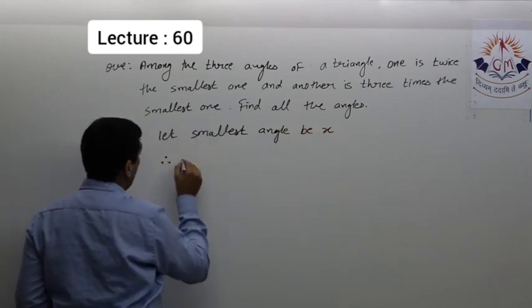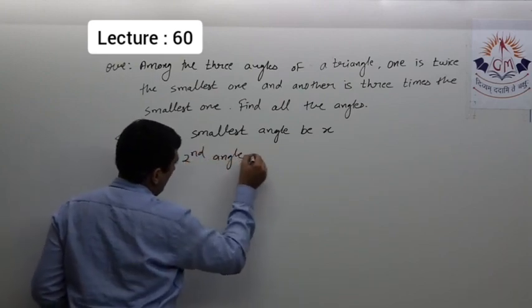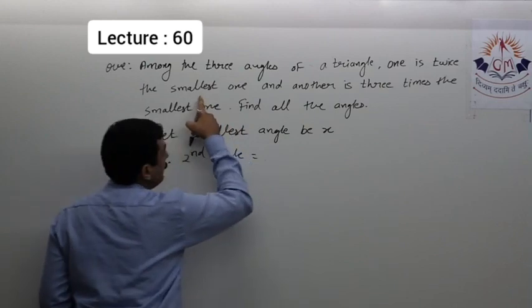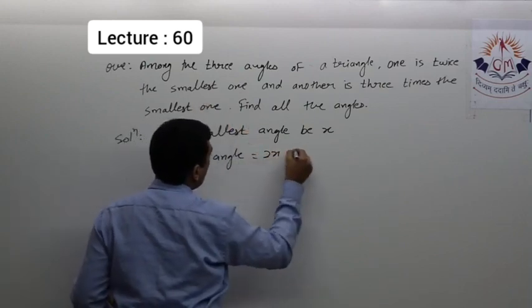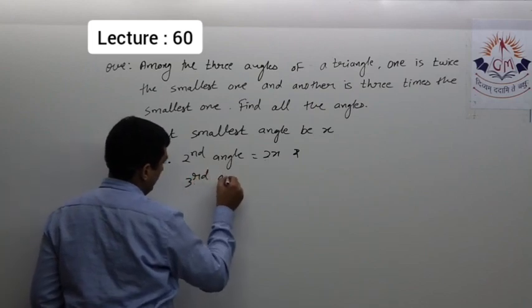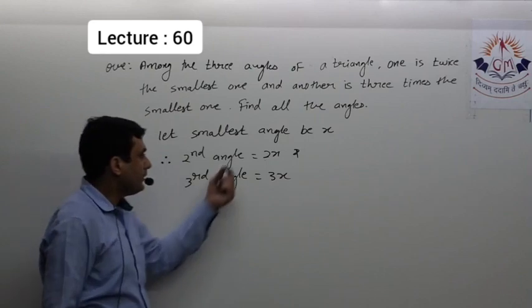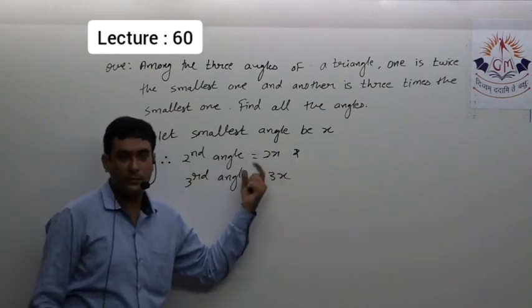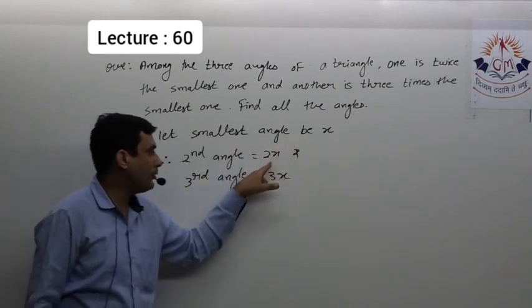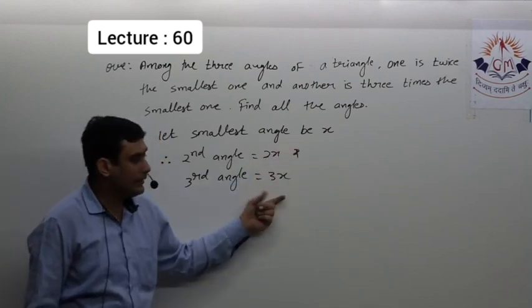Therefore second angle is 2x, and third angle is 3x, isn't it? First one is x, second one is, that is twice the smallest, so 2x, and the remaining angle is 3 times of the smallest, that is 3x.